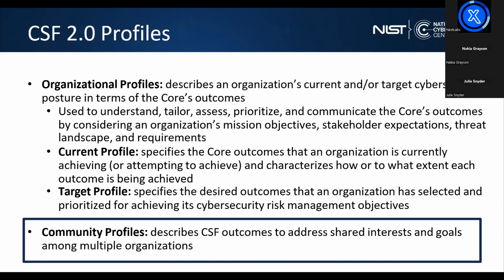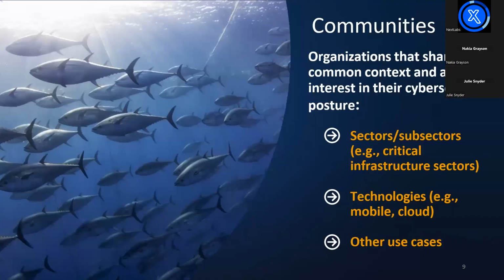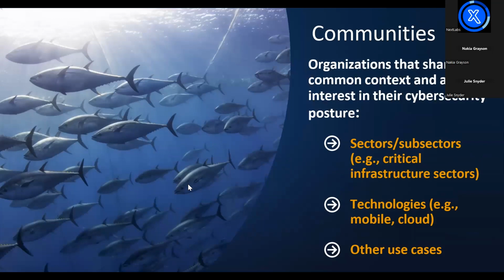And these profiles, as I've mentioned, we have done jointly with government agencies, advisory groups, and other groups out there in the public that have come to us needing assistance, and we have helped them along the way of developing a community profile. So here we're just going to go over what a community is.